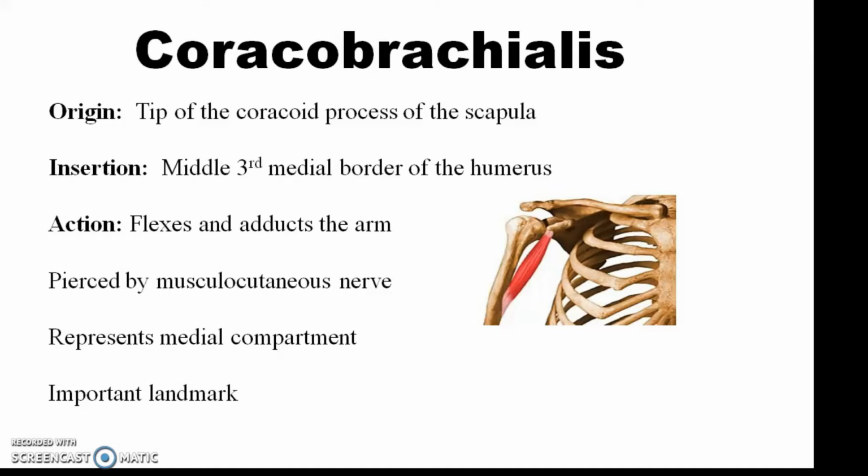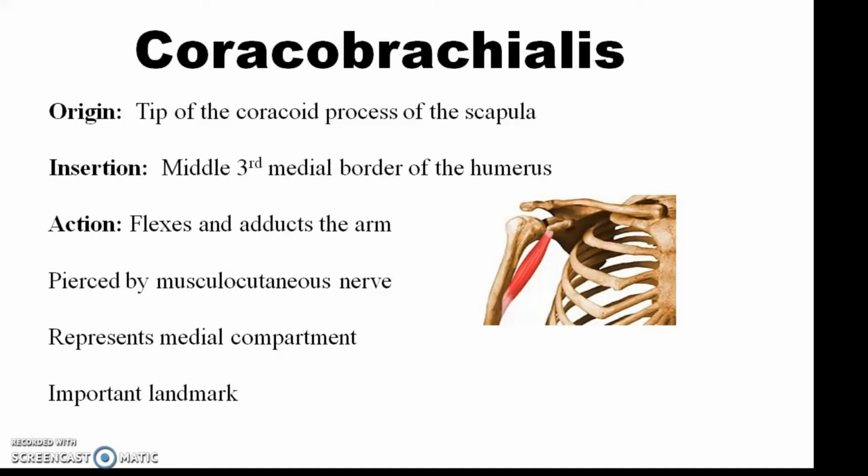And also an importance is seen in this coracobrachialis. This muscle is getting pierced by a nerve called the musculocutaneous nerve, which is going to supply the whole of the anterior compartment of the arm region. This is a muscle which is going to represent the medial compartment, which is not identified properly.